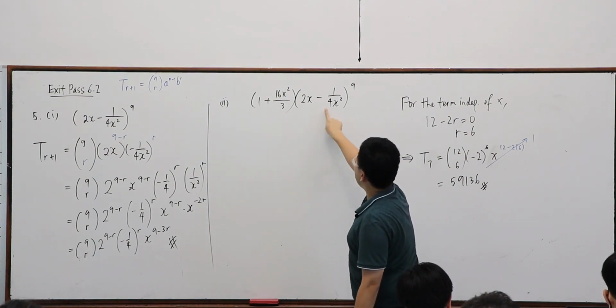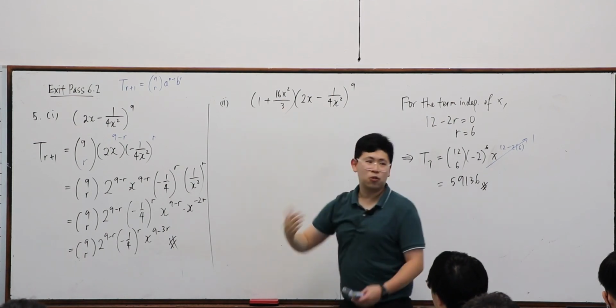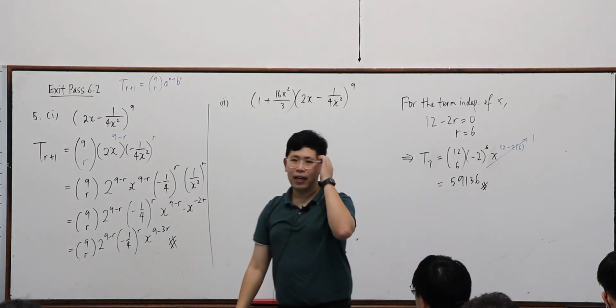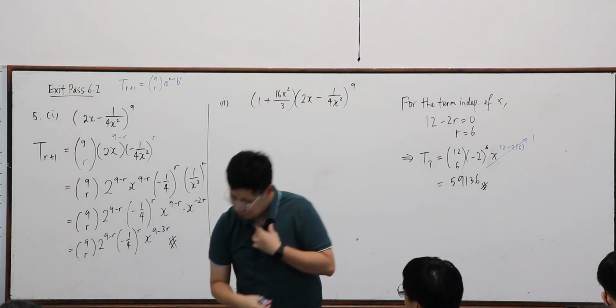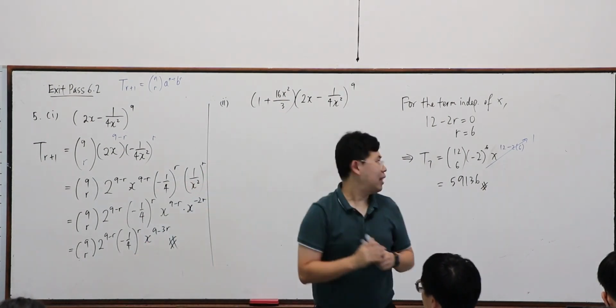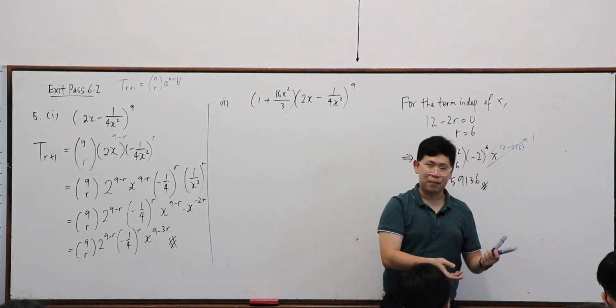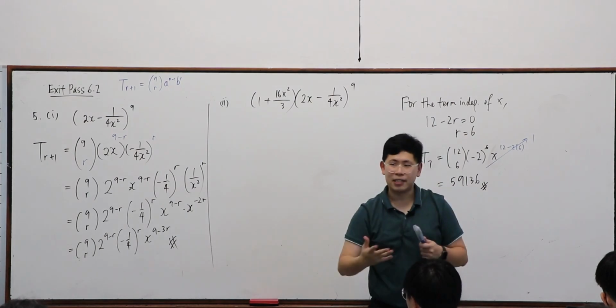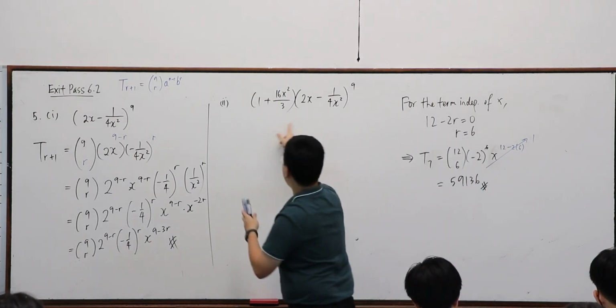Just now we've gotten the general term for this. It's just that this one we need to multiply in. We need to find that there are no constant terms, meaning there will always be x to the power of something. The power of x cannot be 0. We need to show that. So let's try and do this.